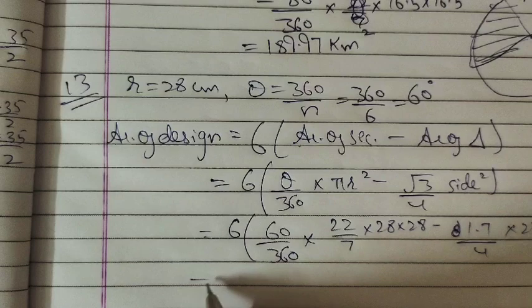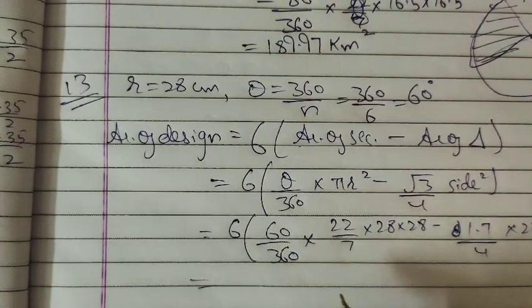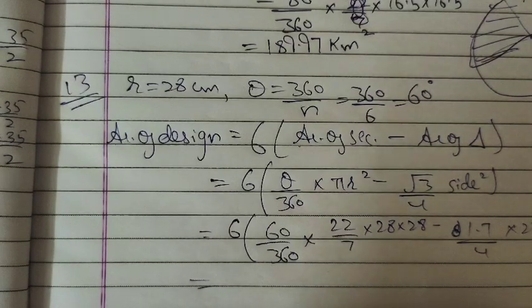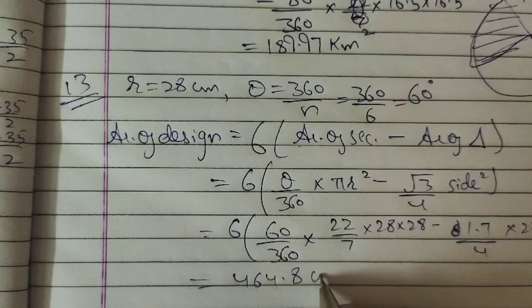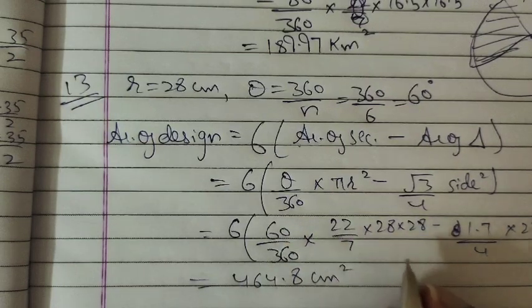So just simplify. After simplifying, calculate the values, cancel out the things which you can, and take LCM afterwards. So that value will be equal to 464.8 centimeter square after all calculations.